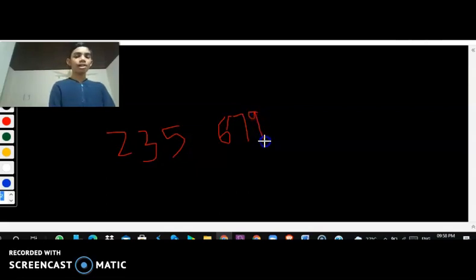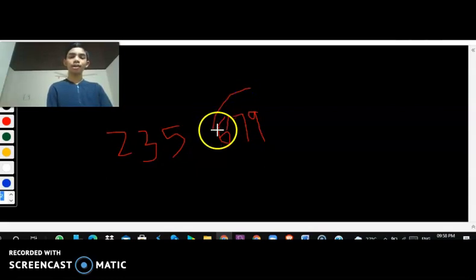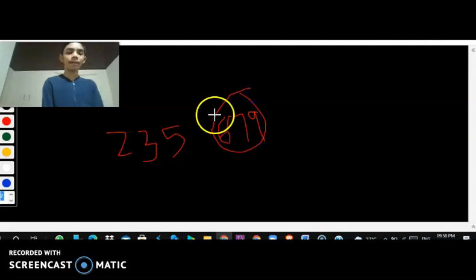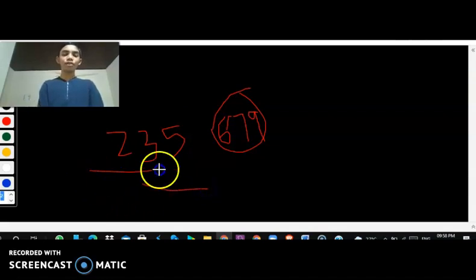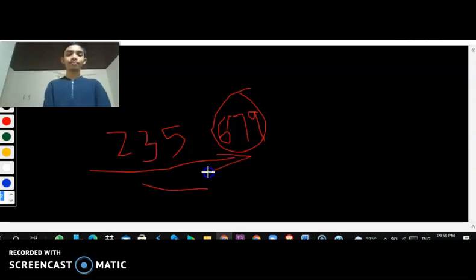And we know that 679 is greater than 235 because we have to compare two numbers by looking at the left digits, I mean from left to right. We have to look from the left to right.